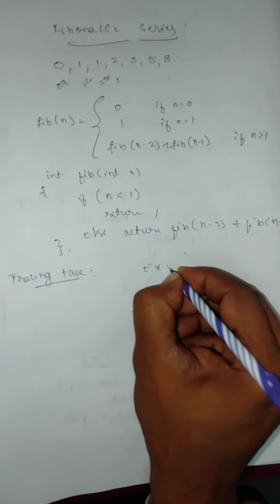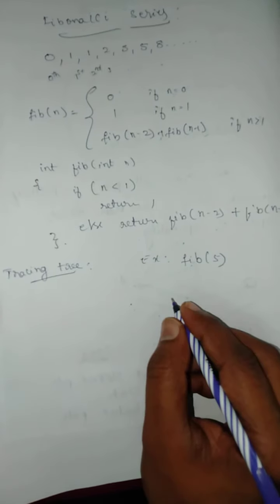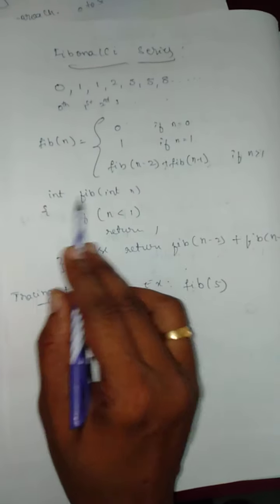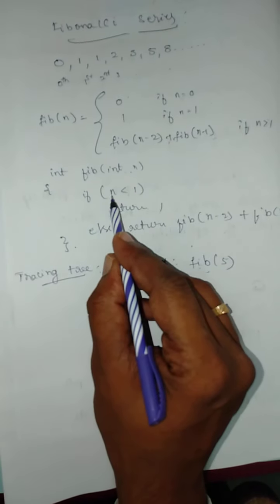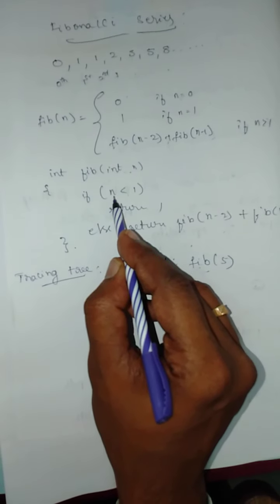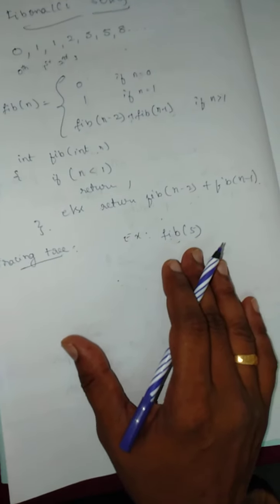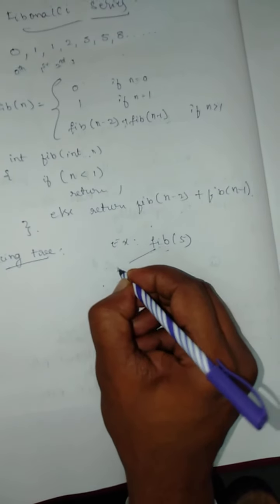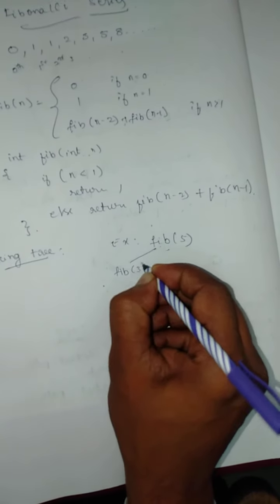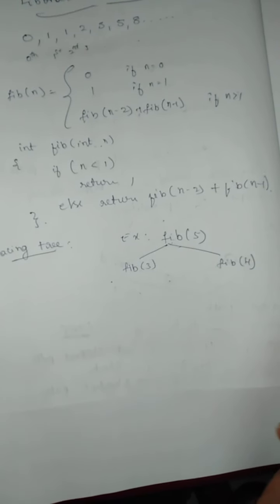Consider an example. I want to find the fifth term, fib of 5. Okay, so if I call fib of 5, what happens? The n value is 5, and the condition 5 less than 1 fails, therefore it will in turn call fib of 3 and fib of 4, isn't it?